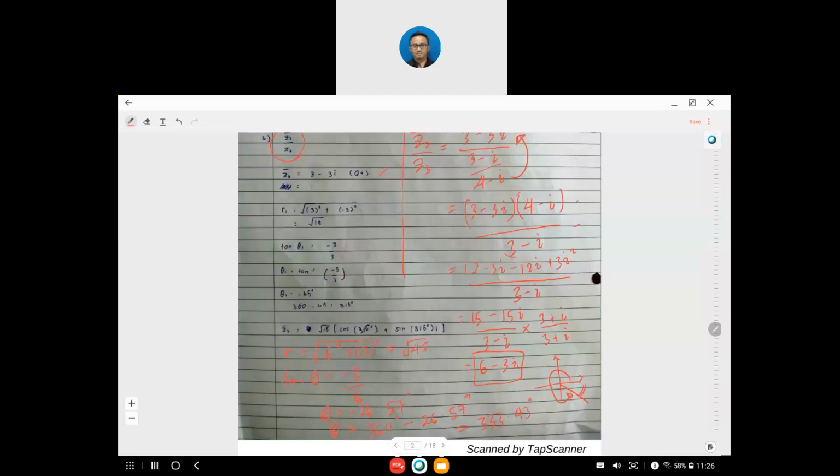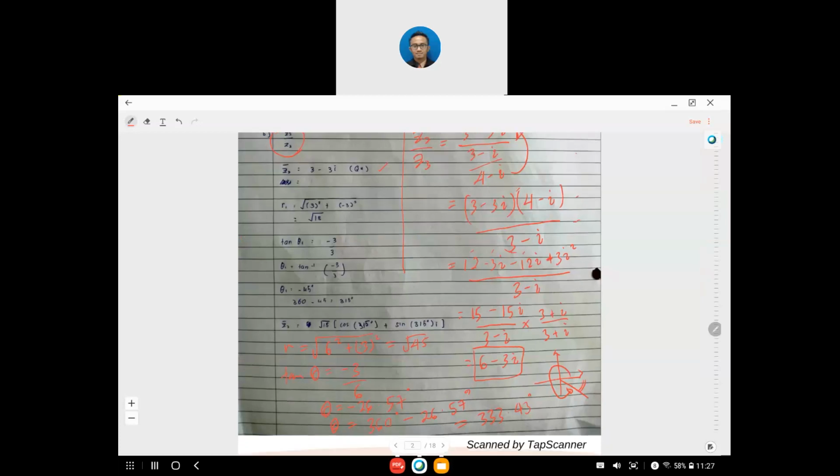Okay, sorry, on that part first, 3 times by 4, 12, negative 3i, negative 12i. Okay, this one become positive 3i square. So when that one is positive 3i square, so here become berapa sini?